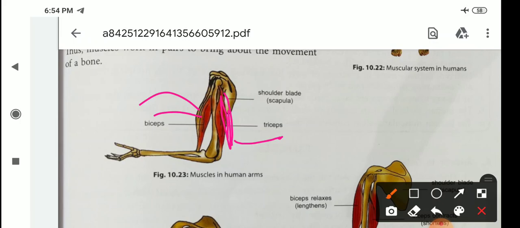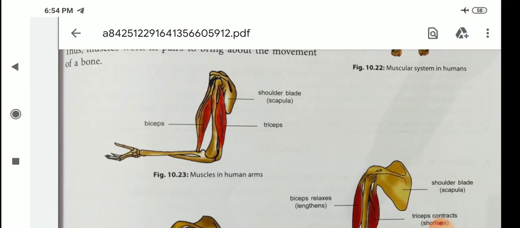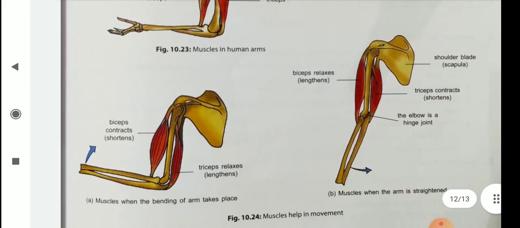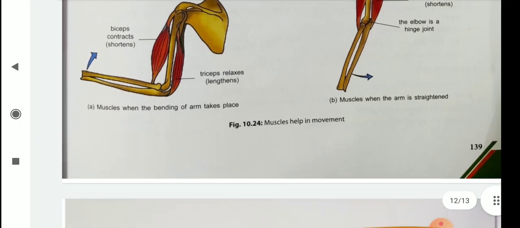So shortening means contraction and longer means relaxation of muscles. Here you can see other figures are given. Triceps means relaxation, lengthening of our muscle. Biceps means contract, shorten our muscle.